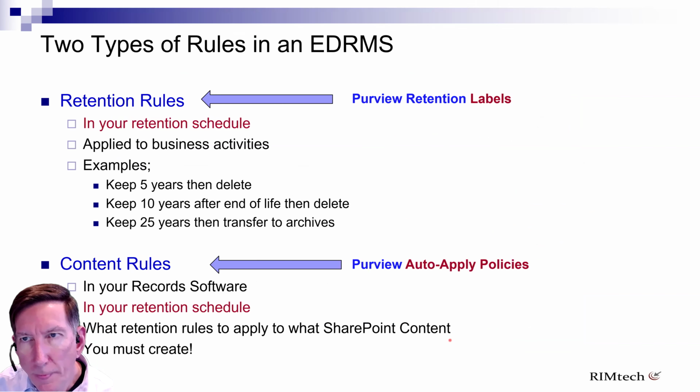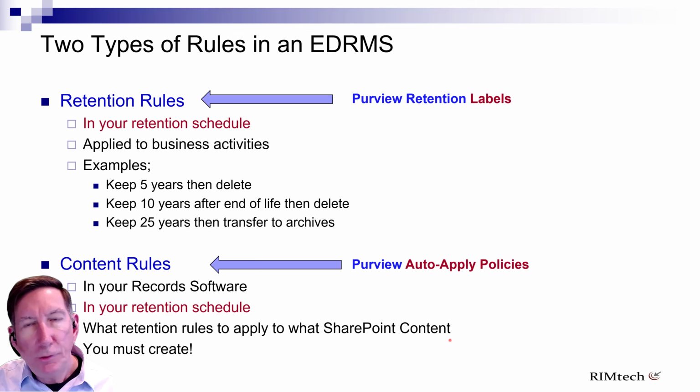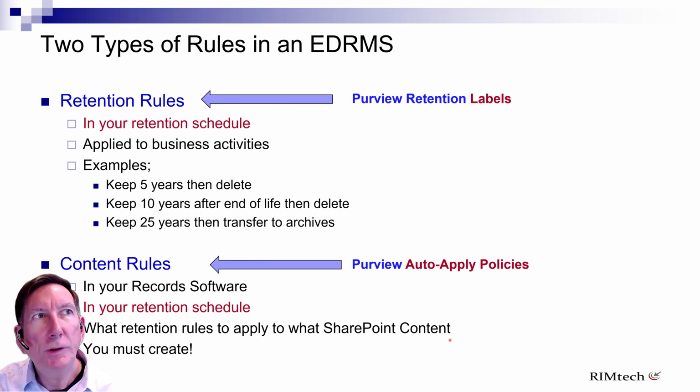Now, let's get one thing straight right away. There are two types of rules in Purview, not one. And this is a huge, huge mistake that many casual readers of Purview make. They say, oh, I have a retention schedule with 250 categories in it, maybe 100 different unique retention rules. Well, that's true.